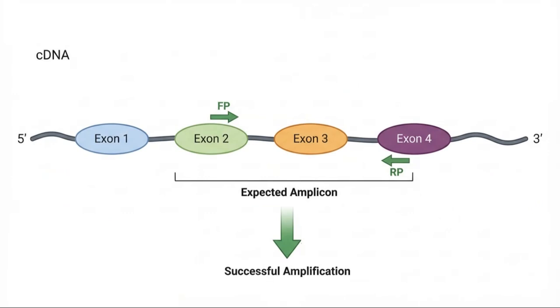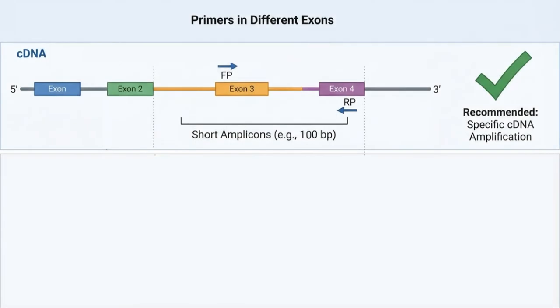Let's look at an example. Here the forward primer is located in exon 3. The reverse primer is located in exon 4. In cDNA, those exons are directly adjacent. The PCR product is only about 100 base pairs long, perfect for qPCR.